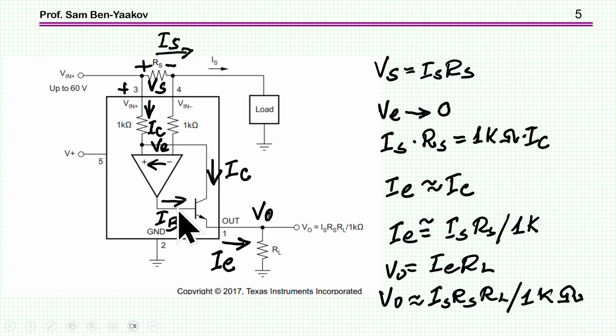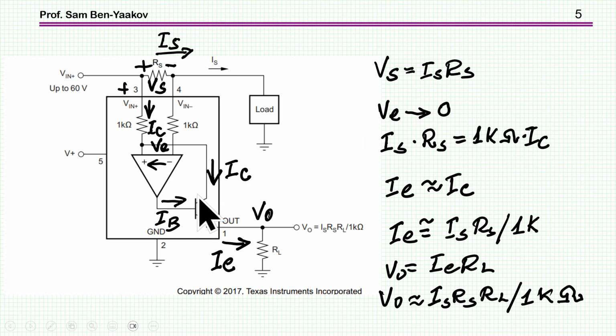So here we have it. This is the base current, collector current, emitter current, and they are, of course, close within alpha. This is beta over 1 plus beta. This is the current ratio between the collector current and the emitter current. So once we have a current here, this current is passing through this resistor, and at steady state, we know the input voltage to the amplifier will move to zero.